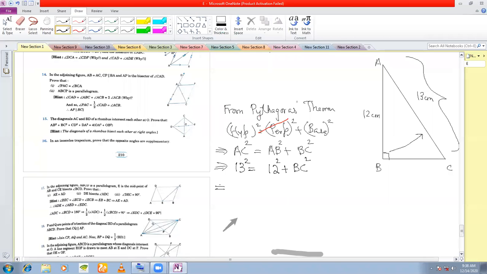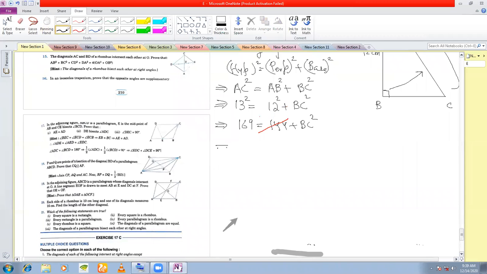So that means here what happens? Now this equation we need to solve for BC. So what you do here is 13 square is 169, right? 169 is equal to 12 square is 144, and you write BC square because we need to find out BC square.